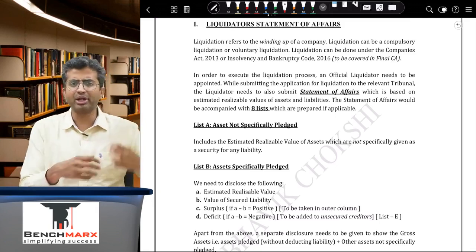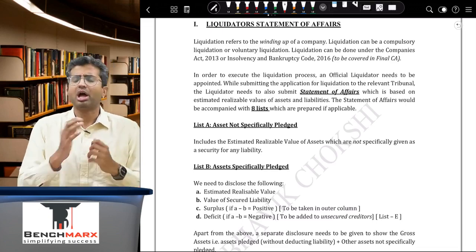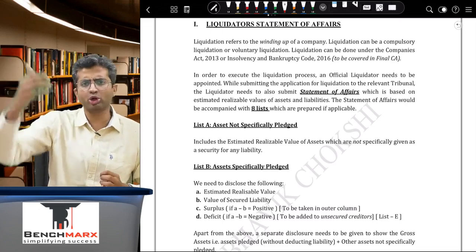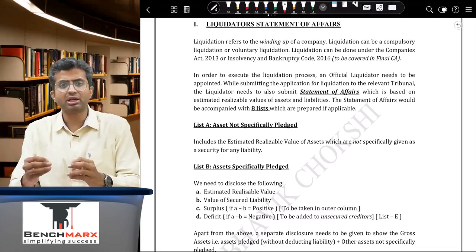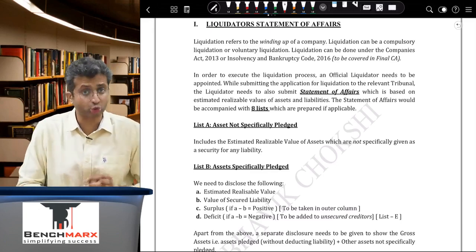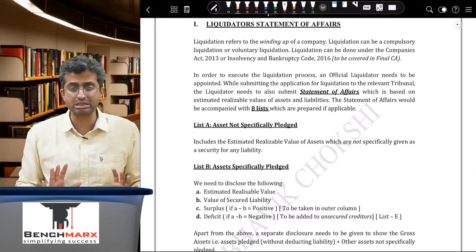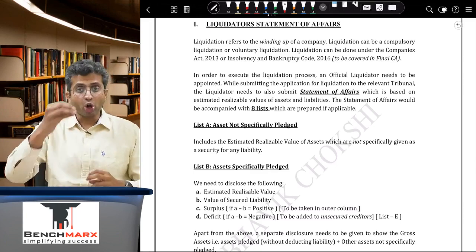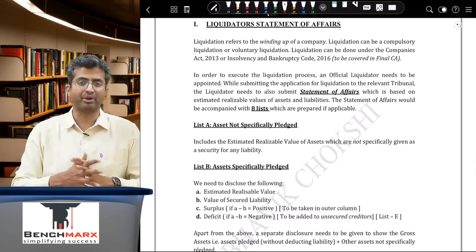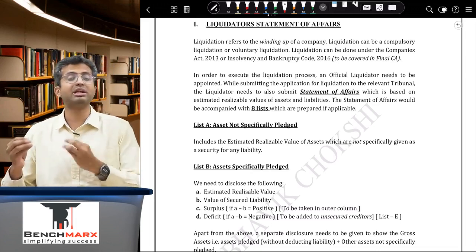The liquidator has to submit to the court or the tribunal, as the case may be, why this company should go into liquidation and how the liquidation process will go through. This is before the liquidation even starts, and along with the application for approving liquidation, they submit what is called the liquidator statement of affairs.